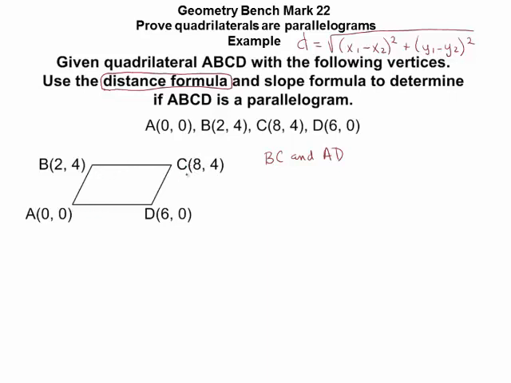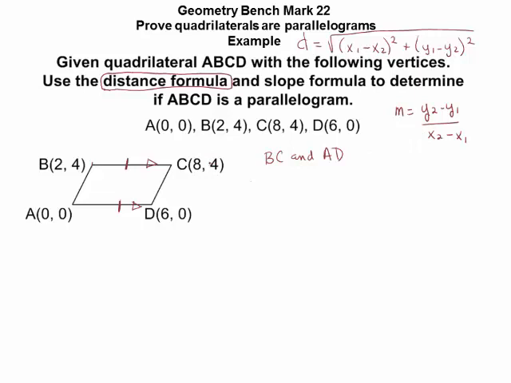These two sides, okay? So we're gonna try to prove that this is the same length as this, and that these are parallel. Okay, so slope. I do 2's minus 1's, but you can do it either way. Okay, slope.